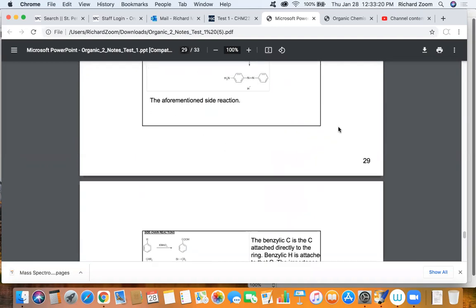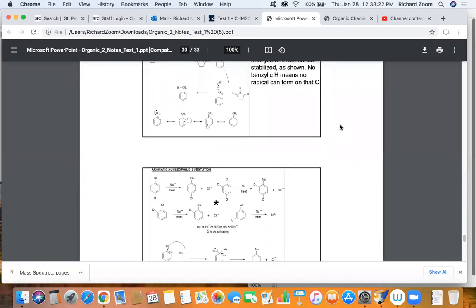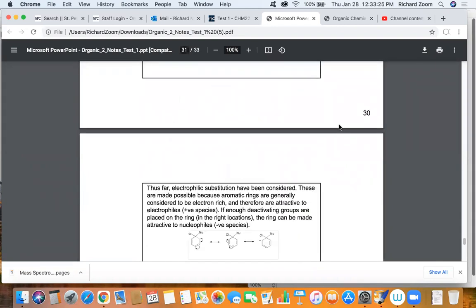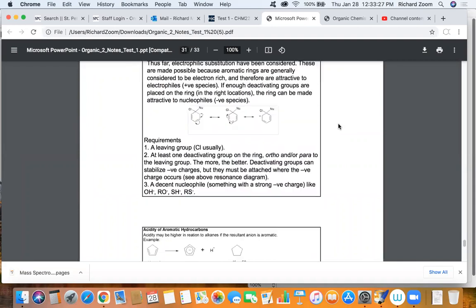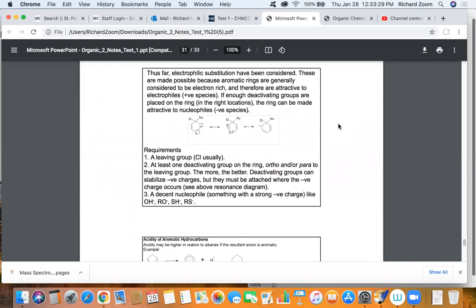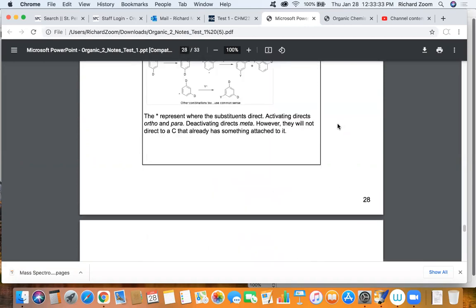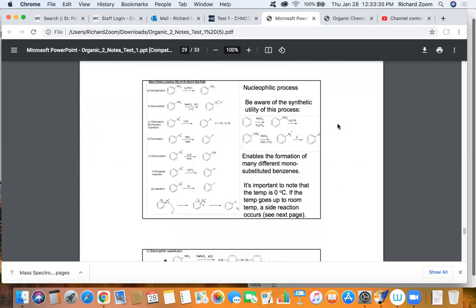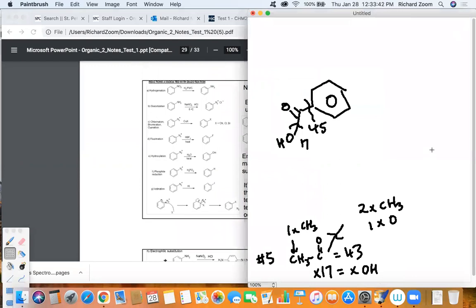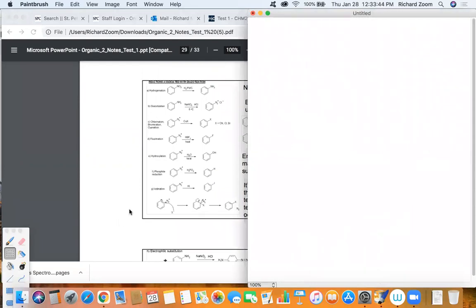Then we'll look at some side chain processes as well, and then probably aromatic nucleophilic substitution. We'll get into that as well, I'm sure. So let's look at diazidization.